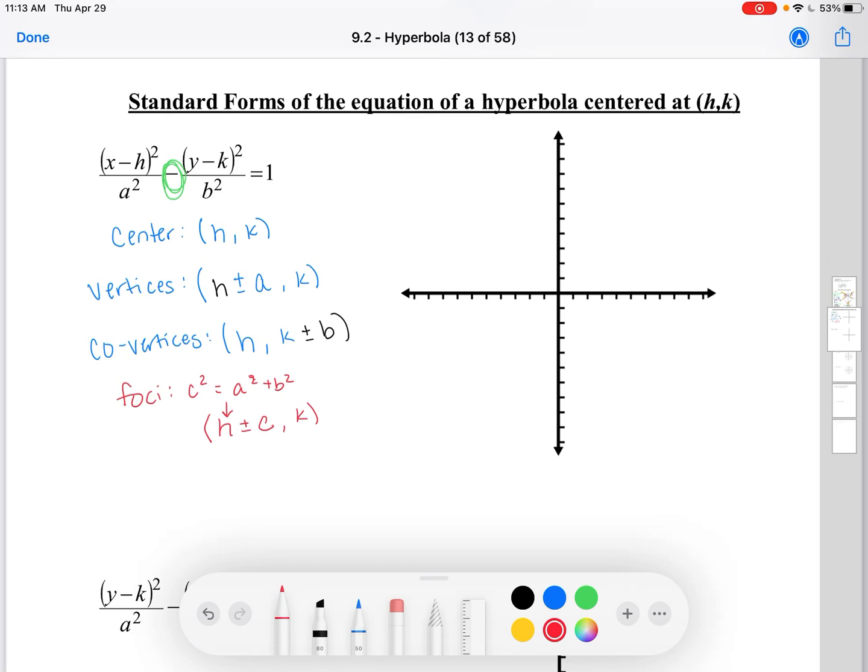So foci are only affecting whichever axis your original graph is landing on. And last but not least, I have my asymptotes. It's always going to be a function of y equaling a plus or minus some slope followed by x. And your rise over run for this example, again comparing your y over x, is going to be plus or minus b over a.